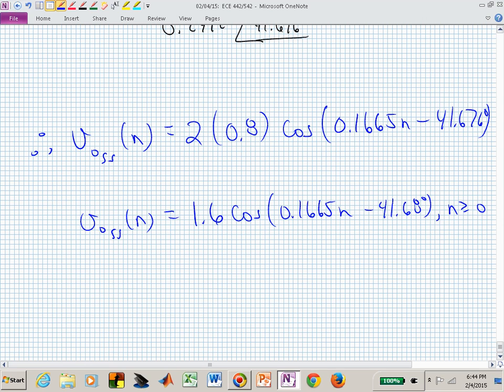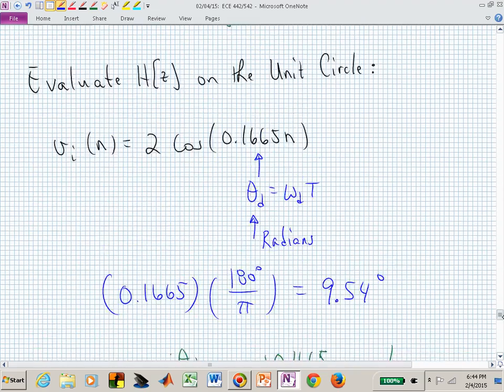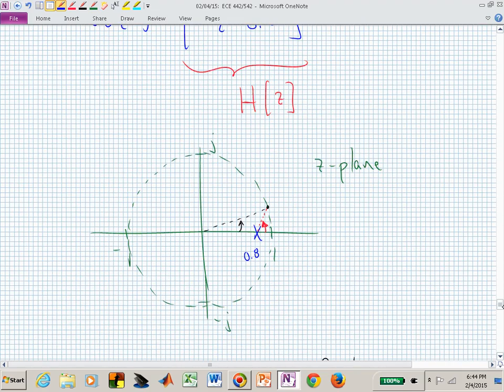Now we have derived this frequency response, which is really just going back to this curve. We know where our poles and zeros are. We just had the one pole at 0.8.